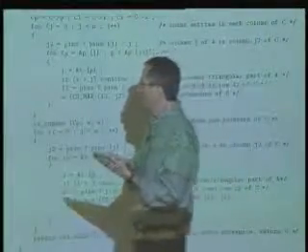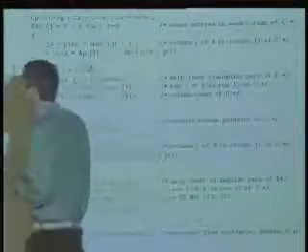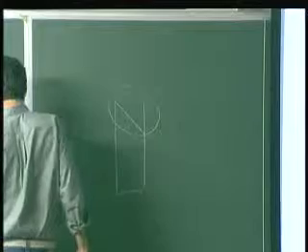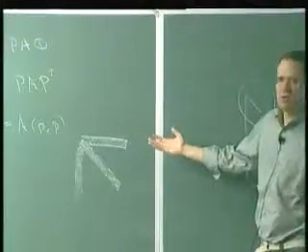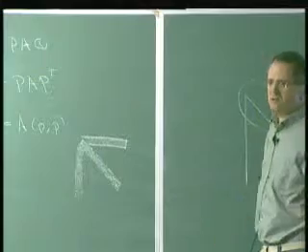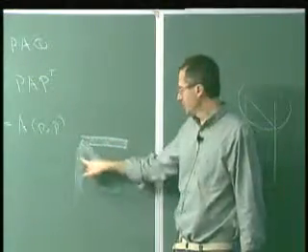Okay. But when you're dealing with a symmetric matrix where only the upper triangular part is stored, the column counts can change dramatically. For example, I could have a matrix that looks like this. It's got a dense row and a dense diagonal, but only the upper part is stored. So every column has exactly 2 entries in it, except for the first one, which has 1, because you don't store this.